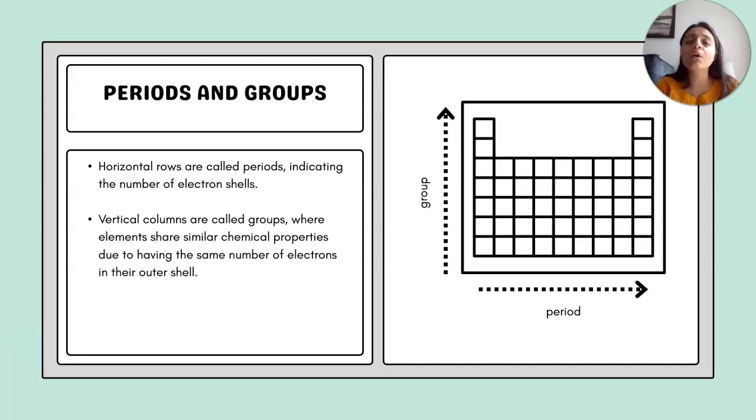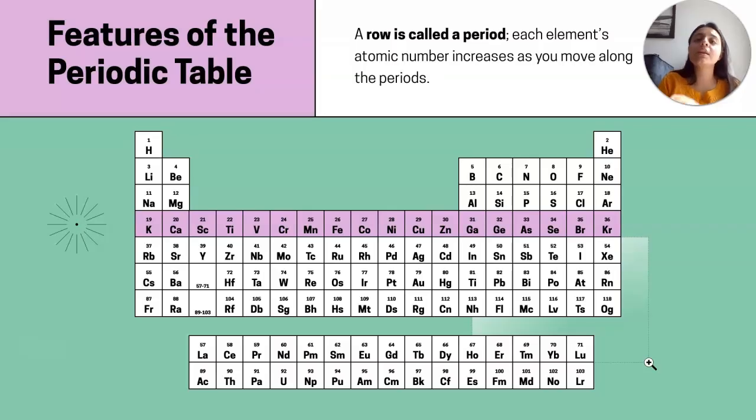Horizontal rows are called periods, indicating the number of electron shells, and vertical columns are called groups, where elements share similar chemical properties due to having the same number of electrons in their outermost shell. If you get confused between rows and columns, remember that the top-to-bottom sequence is known as groups, and the left-to-right sequence is known as periods. Like this you can easily understand the periodic table.